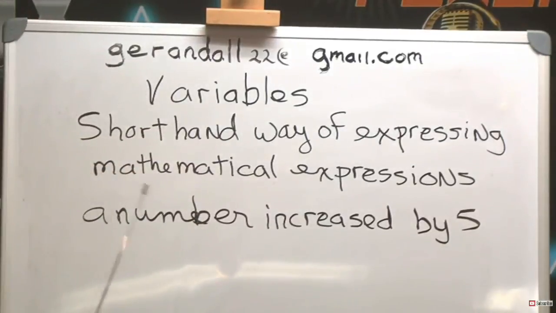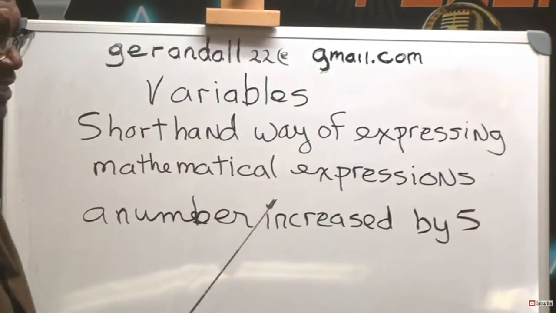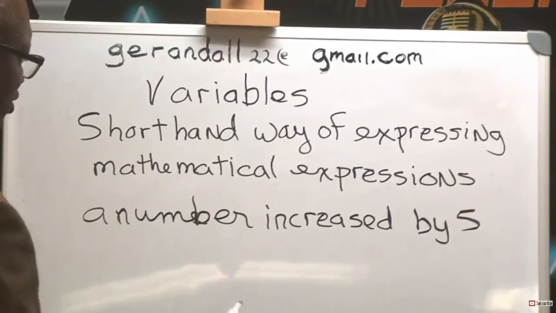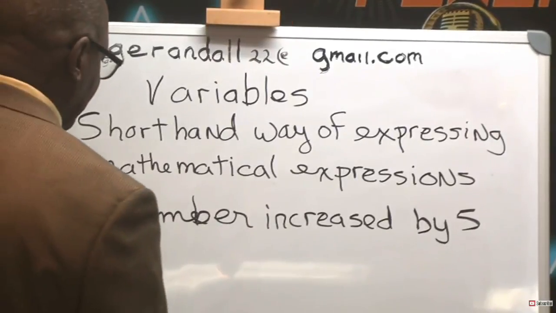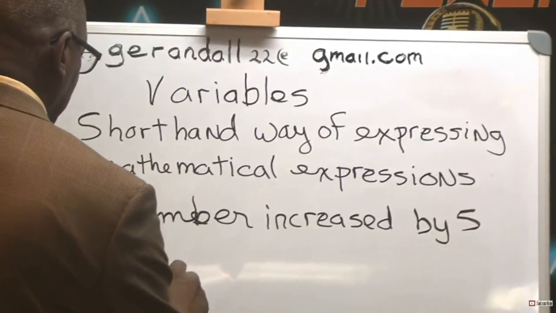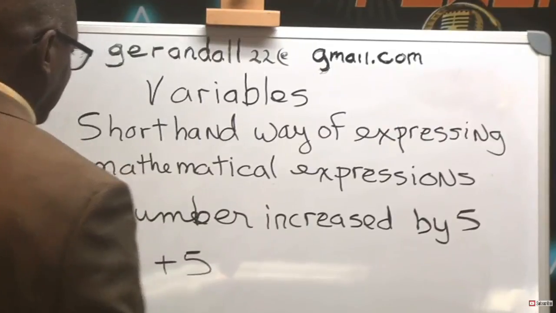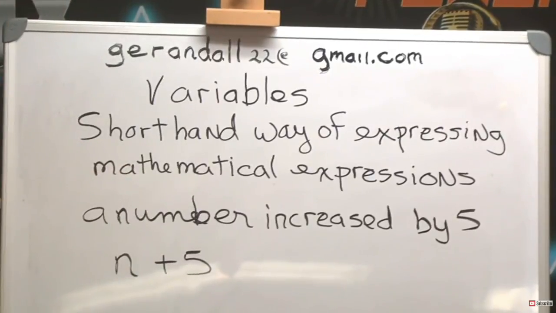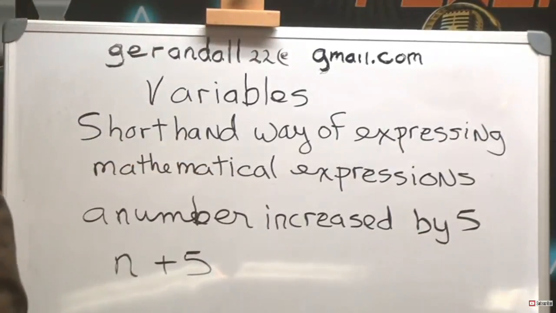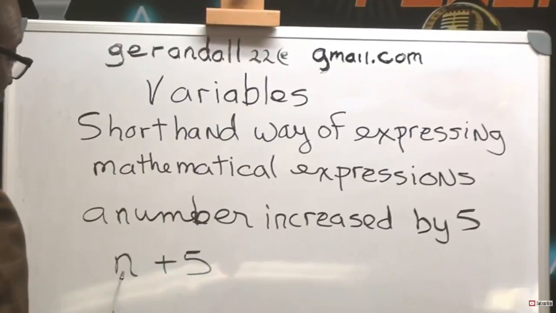A variable can be used A through Z. I don't expect you to use the letter X because you might get it confused with multiplication. So again, we'll use a number N increased by 5. I think for our shorthand expression, I'd want to write N plus 5.